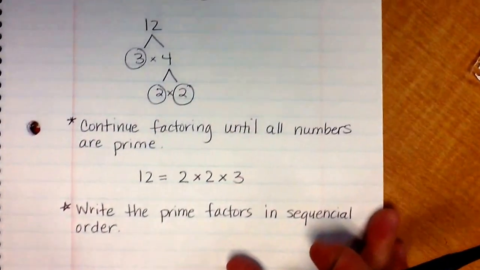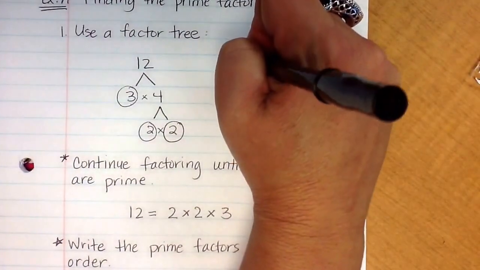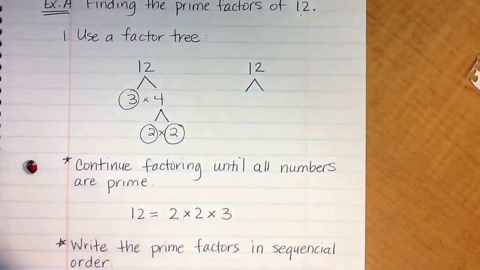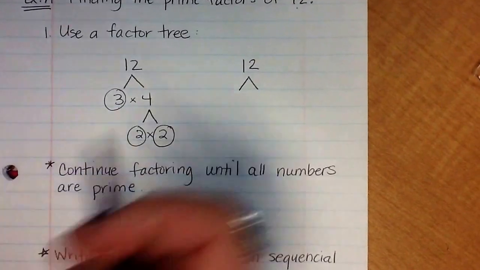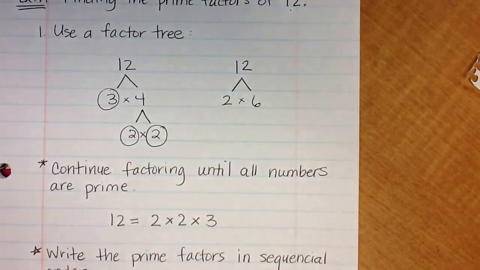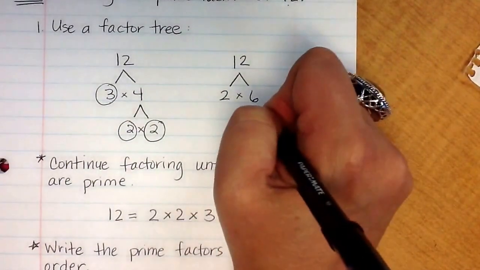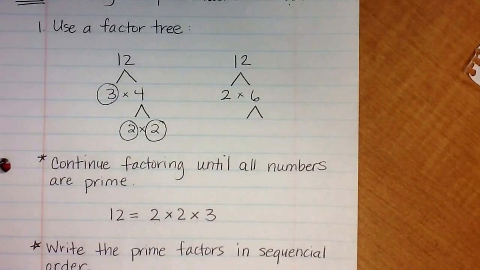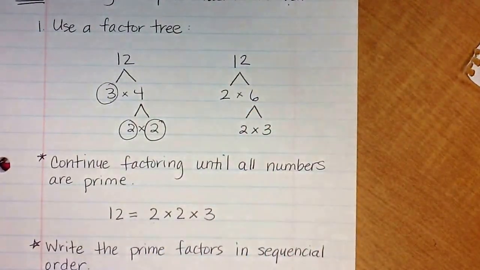Now this is not the only way you could do a factor tree. Let's take the same number, 12. I could choose to factor it using different numbers. I could use 2 because 2 times 6 is 12. 2 is prime. 6 is composite, so I'm going to break down and factor 6. 6 is 2 and 3.